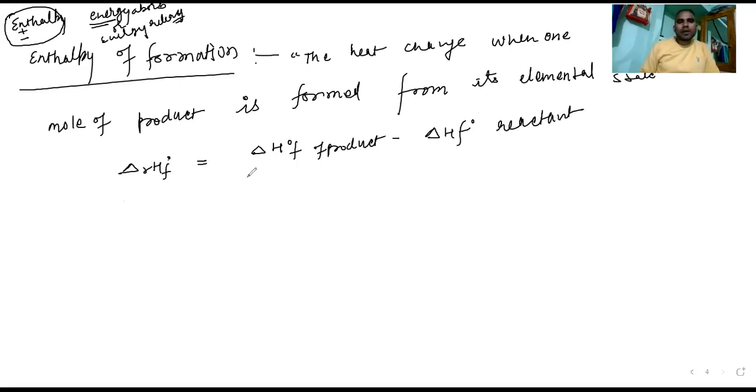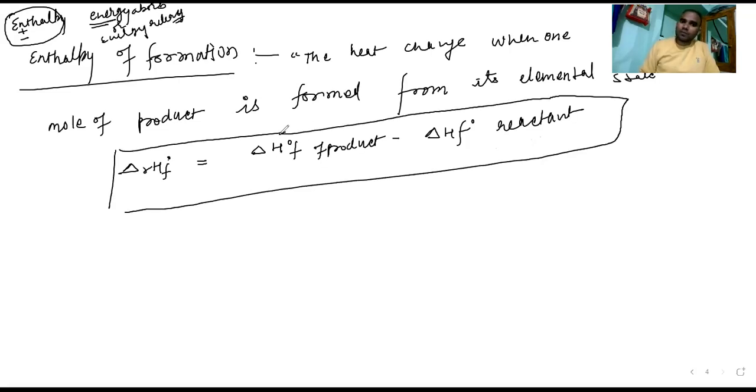So they are saying that from the enthalpy change of the product minus the reactant, that is one method to calculate the change in enthalpy. We subtract reactant from product, because of the definition: the heat change when 1 mole of product is formed from its elemental state.